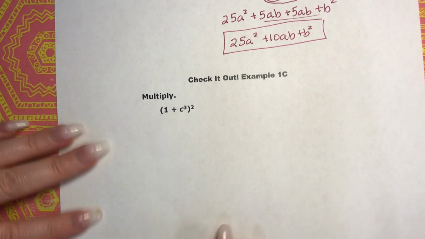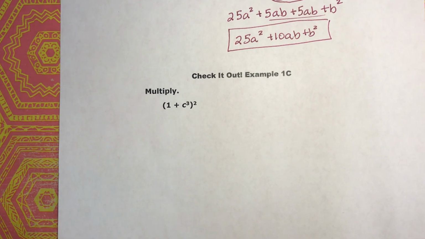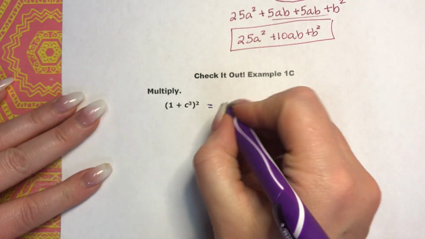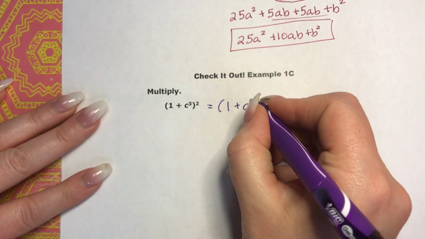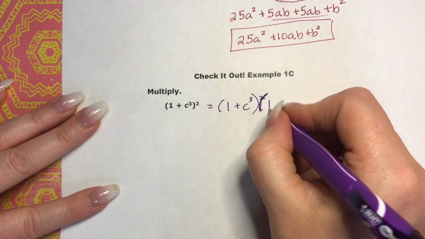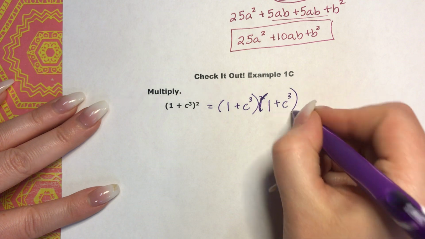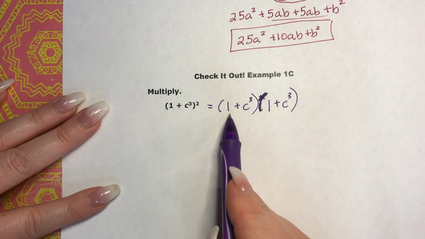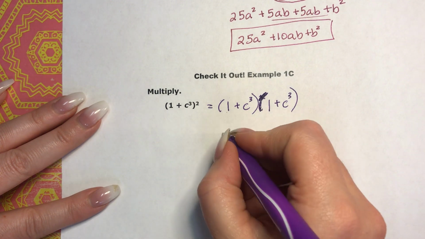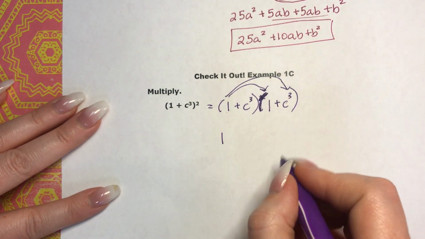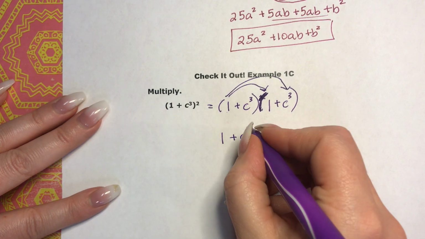Okay, on to this last one. Let's see how you did. So I'm going to rewrite this. There. Okay, so we're just going to do FOIL. 1 times 1 is 1. And then 1 times c cubed is just going to be c cubed.